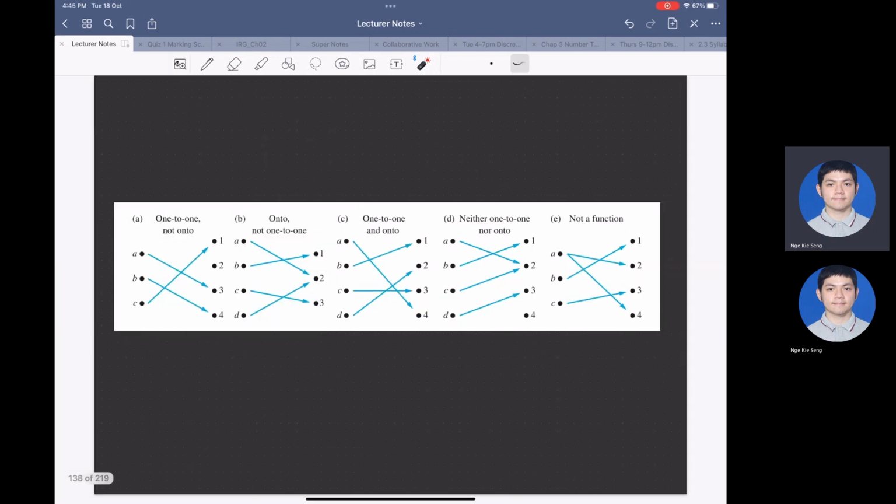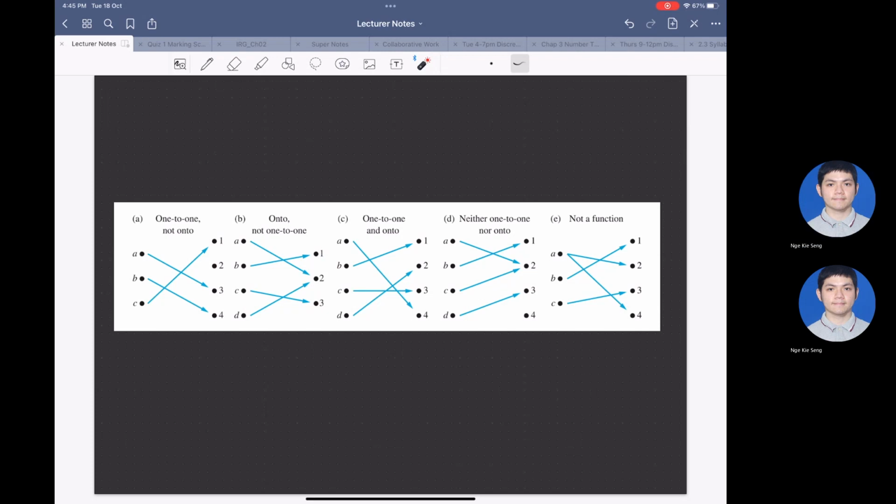So we have this table here to sum up in summary. One-to-one, so one gets sent to one, okay, not onto because you don't reach this element here. Onto, every element here has a pre-image, but not one-to-one because A and D get sent to the same element.